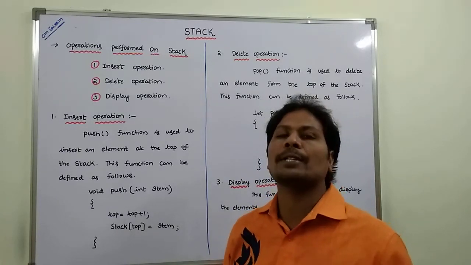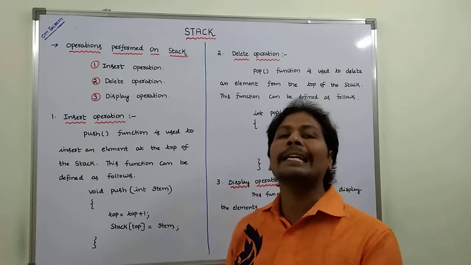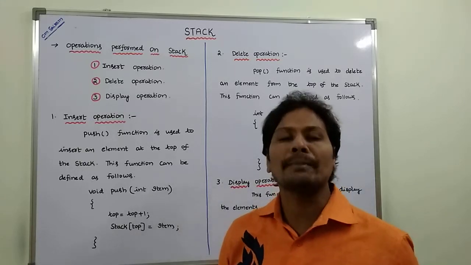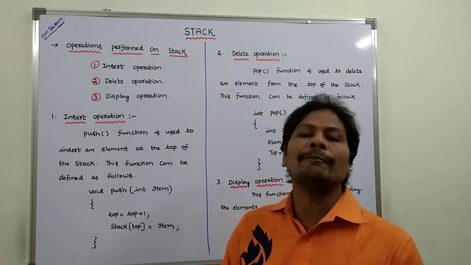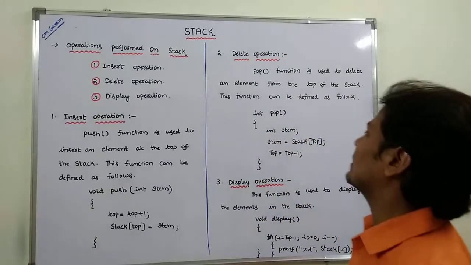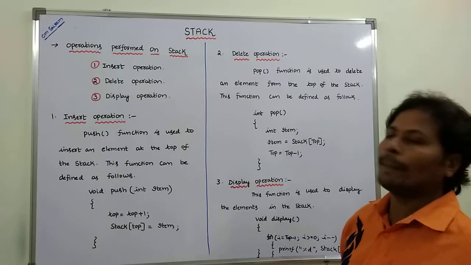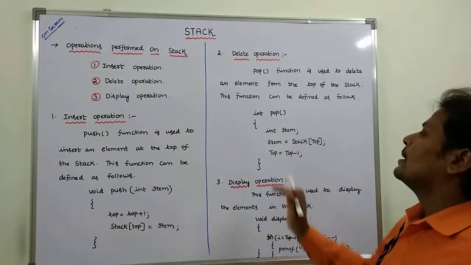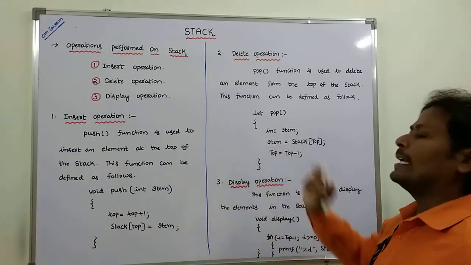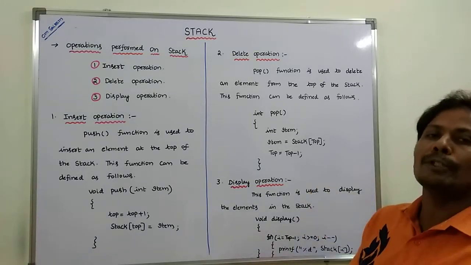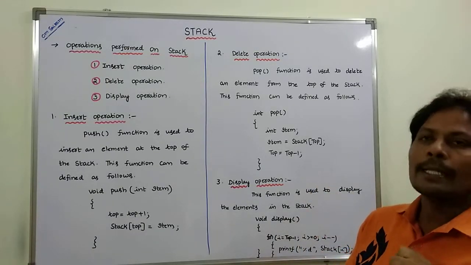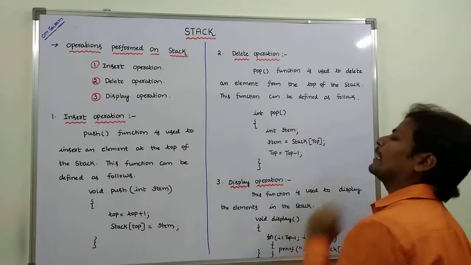The pop function is used for deleting an element from the top of the stack. The definition for the pop function is int pop(), brace begin, int item. Whatever element we want to remove from the top of the stack, that item can be defined.